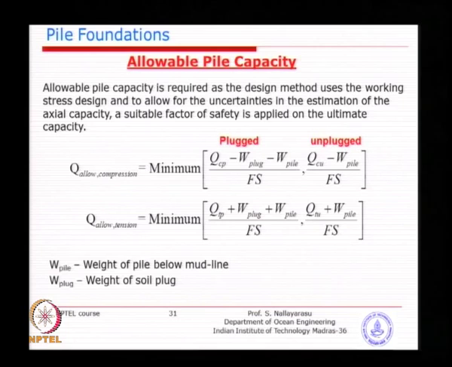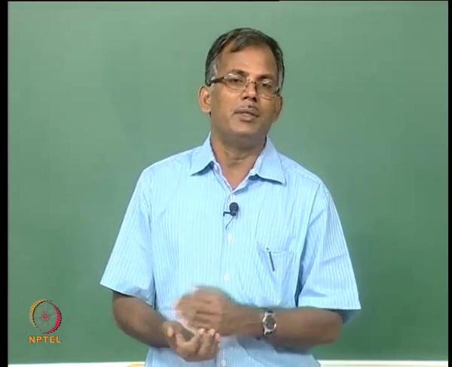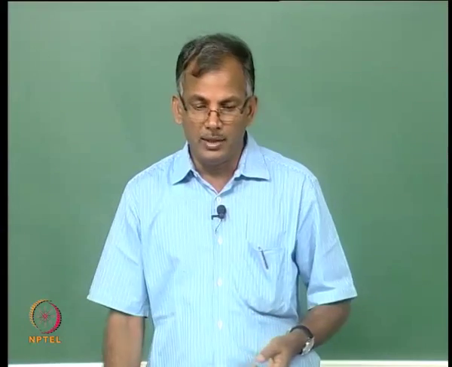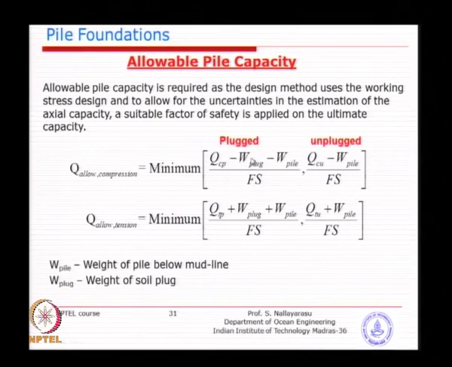So, this needs to be taken into account, because this can be substantial. Imagine if you are talking about a 100-meter pile, it can easily give you 200 tons of weight. 200 tons is nothing but 2 meganewton. After all, if you look at a pile capacity, maybe 10 meganewton, 15 meganewton. Out of 15 meganewton, if you get 2 meganewton, either for compression or for tension, it is almost 10% of the soil capacity itself.